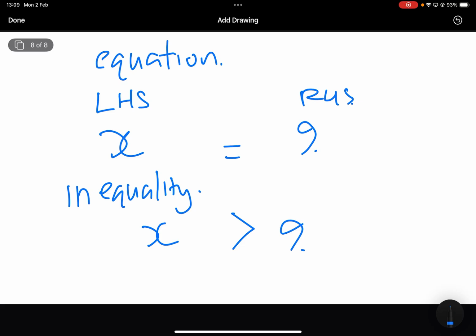Okay? In other words, x must be larger than 9.